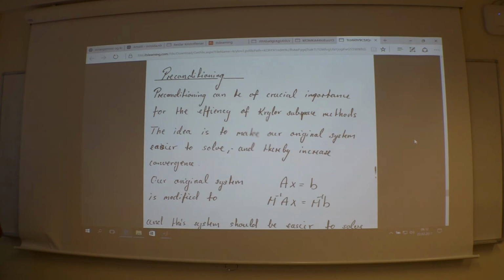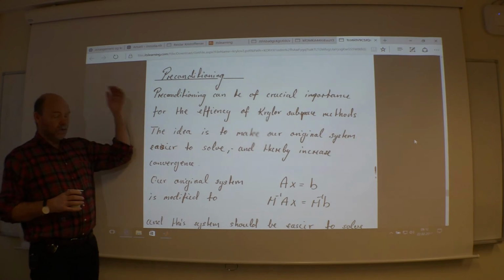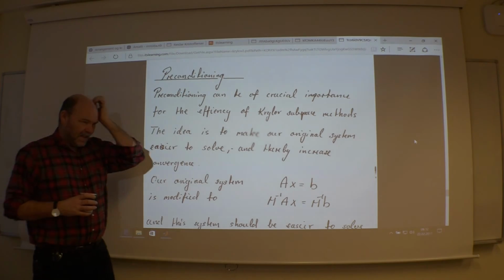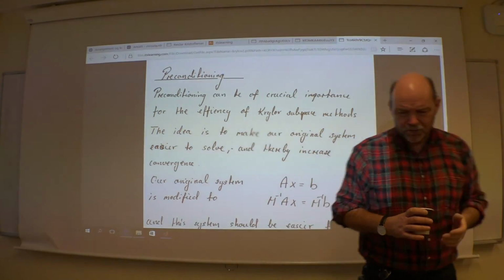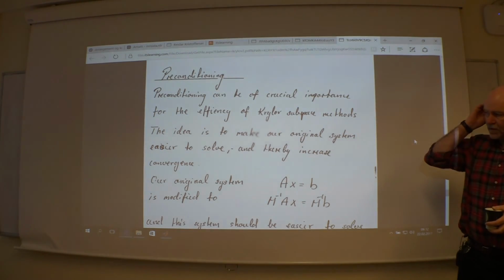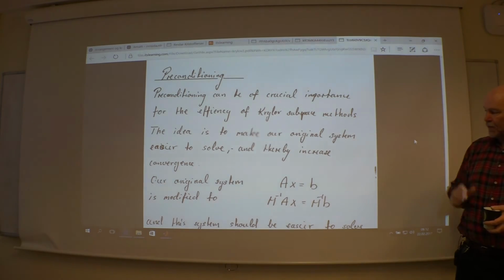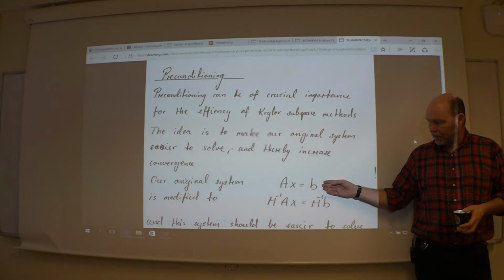What really speeds up the solution process is what's called preconditioning. That is something you have to do in order to really make this conjugate gradient work, and work fast. And the philosophy: this is your original problem.